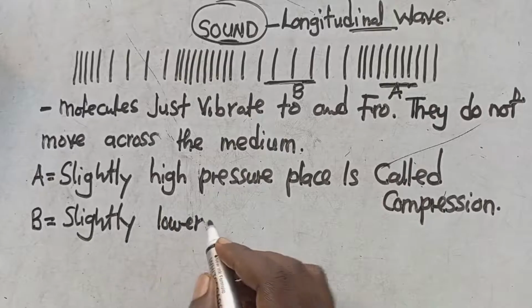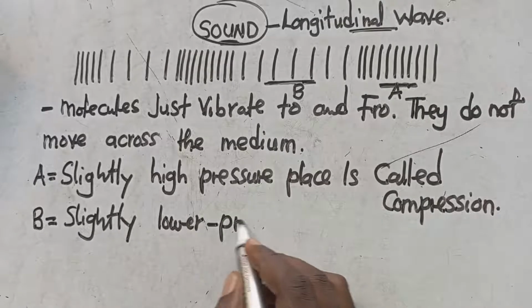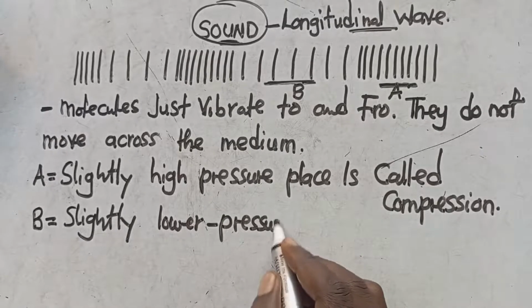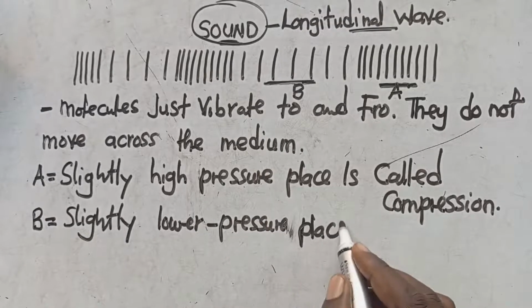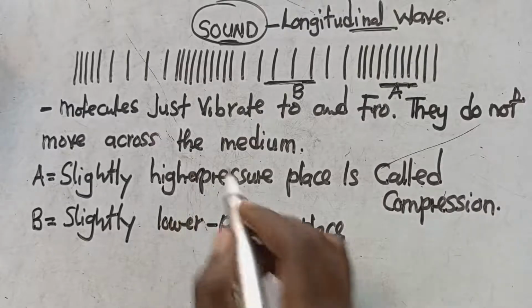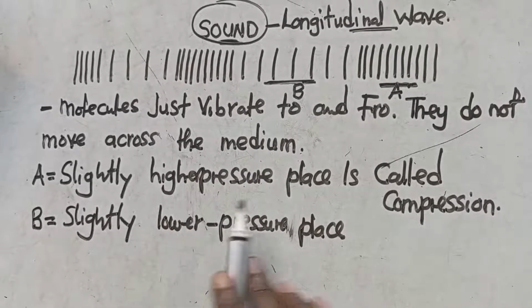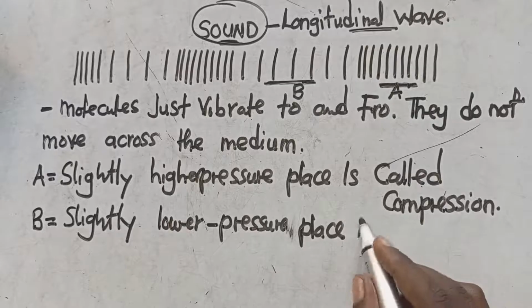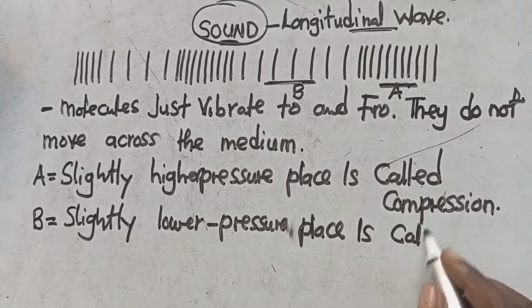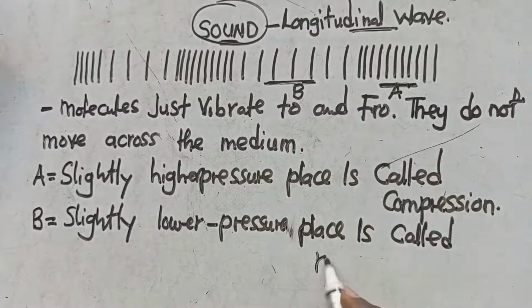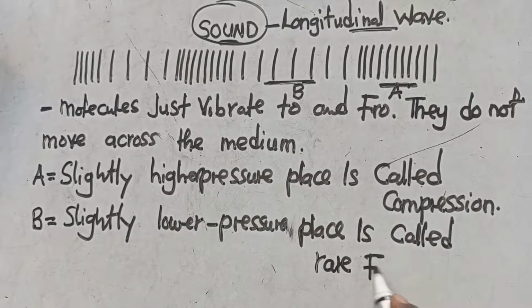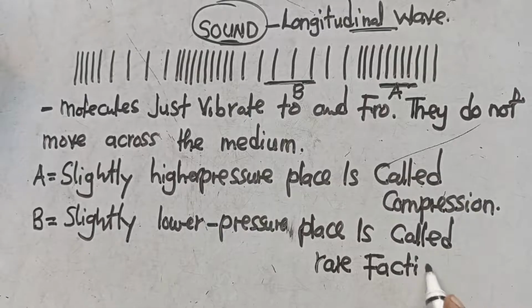That is a slightly lower pressure part. Here it's higher pressure, and at B it's lower pressure. This B is called rarefaction.